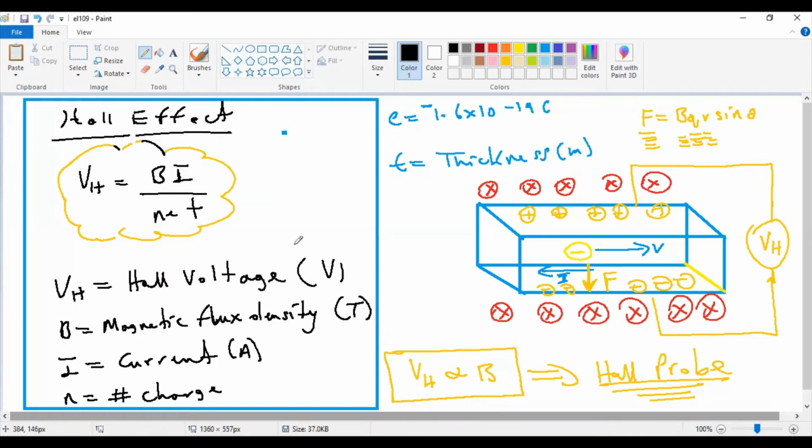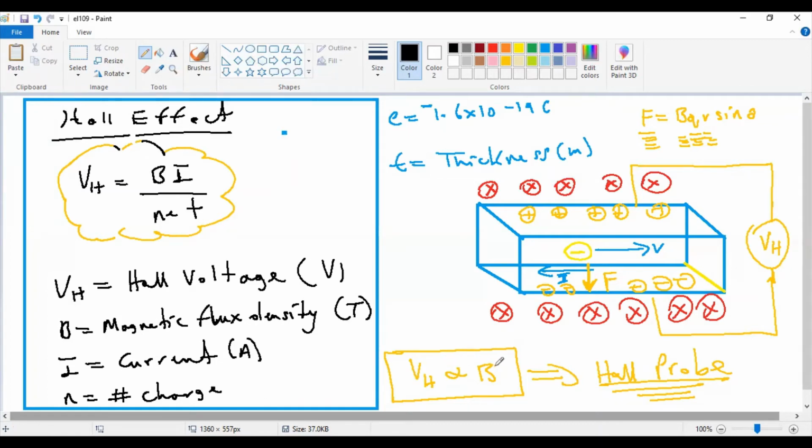So you have voltmeters designed like this, and Hall probes are also designed based on this formula. Here the voltage is directly proportional to the magnetic field. You have some devices that are used to measure magnetic flux density, and it's based on this principle: VH is directly proportional to B, the magnetic flux density.